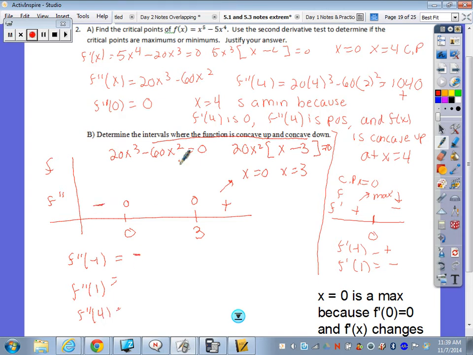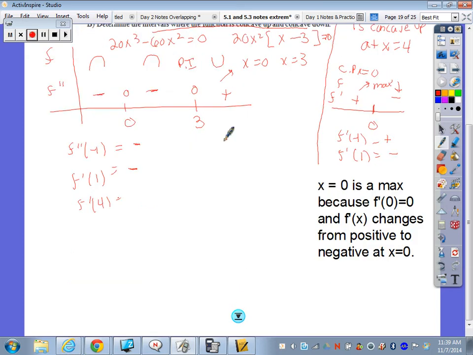If I try 1, I get 20 minus 60, so that's also negative. So here I have concave down, because the second derivative is negative, concave down and concave up. So 3 is my only point of inflection, because that's the only place it changes sign.